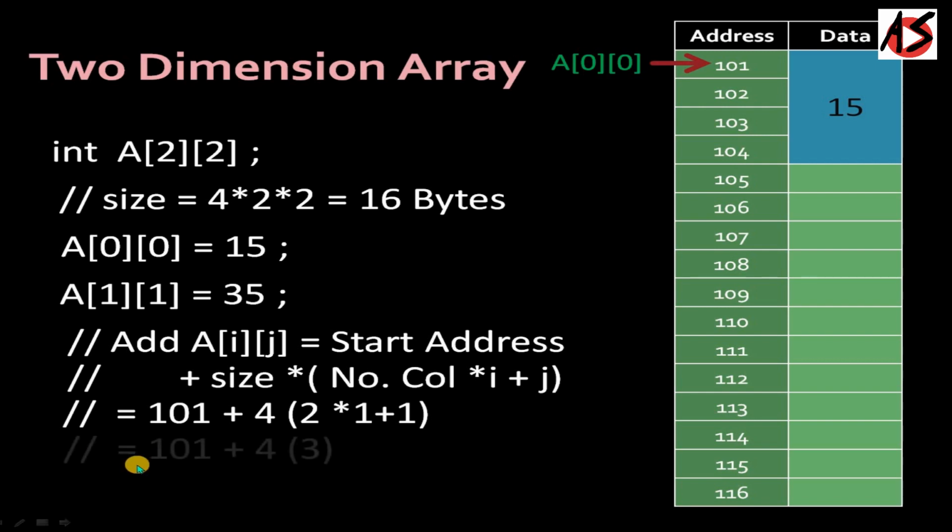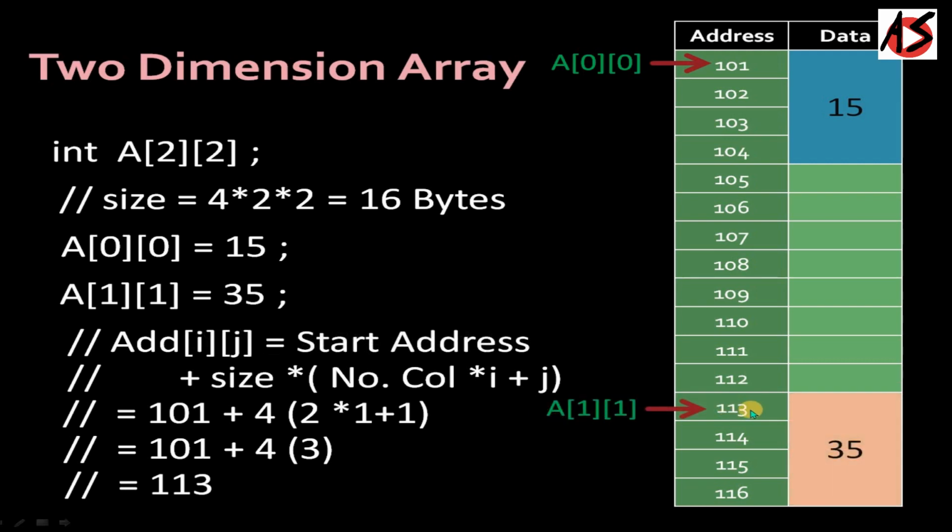Simplifying the calculation, we get 101 plus 4 multiplied by (2 multiplied by 1, that is 2, plus 1, that is 3). So 4 multiplied by 3 is 12, plus 101, which gives 113. That means our A11 element is stored at address 113, so at 113 we can store 35.